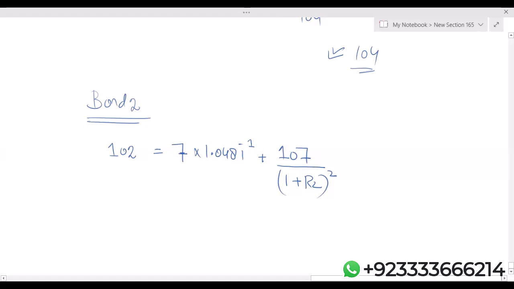What I've written first, after that we can proceed. Please comment on this. Or a student can write like this as well. This is the same thing. If someone writes like this, 1 plus R2 to the power minus 2.